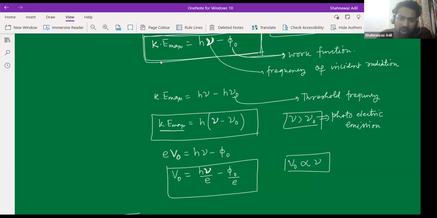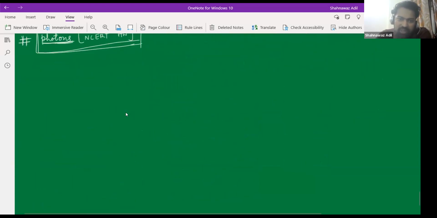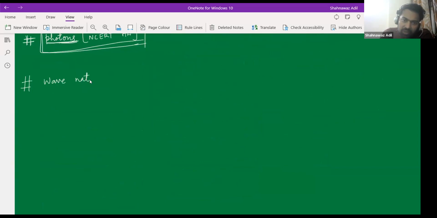So then de Broglie gave this hypothesis, from which he predicted the wave nature of matter. That was shown by the de Broglie hypothesis.